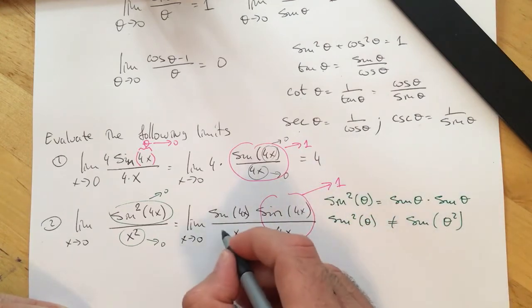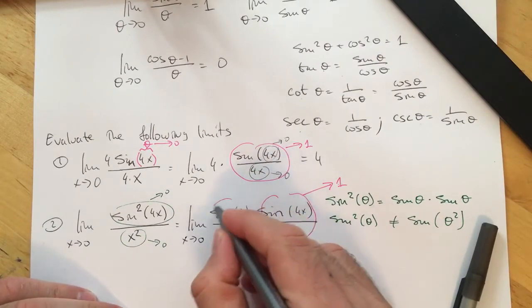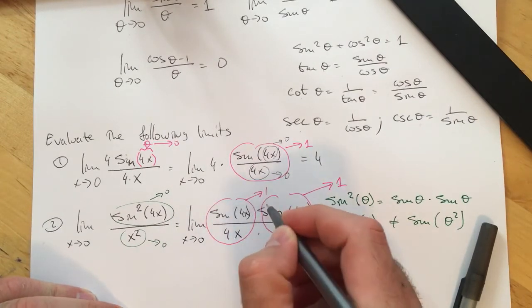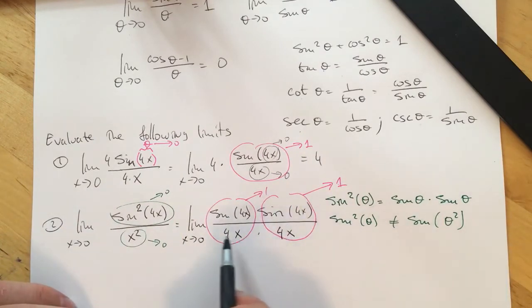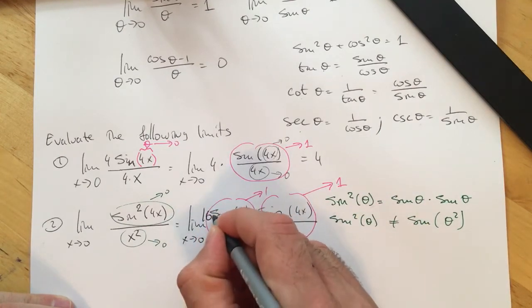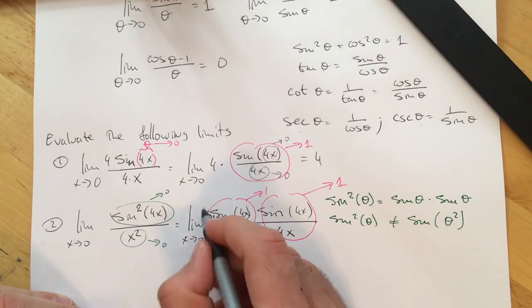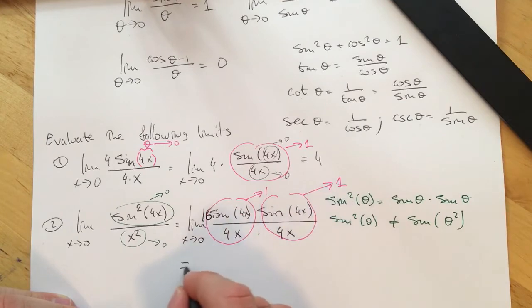The same thing I can do here, 4, and then I have sine of 4x over 4x as x goes to 0, and that ratio approaches 1. But now be careful, we have multiplied the denominator by a total of 4 squared, which is 16. We cannot just multiply the denominator, we have to multiply the numerator by 16. So now I have 16 times 1 times 1, that's simply equal to 16.